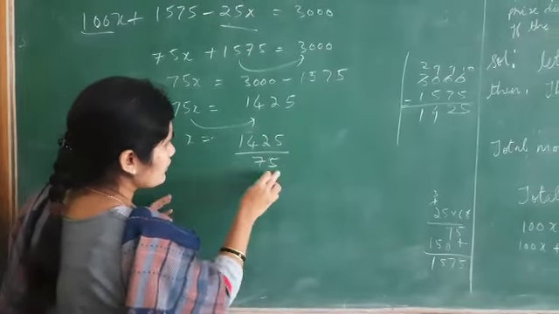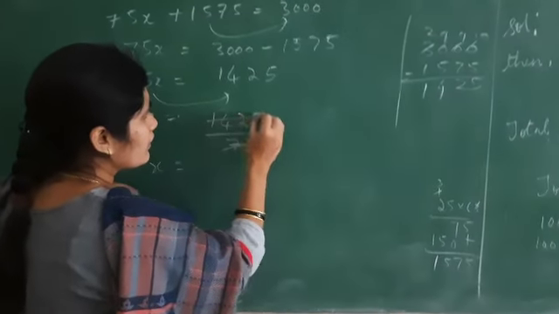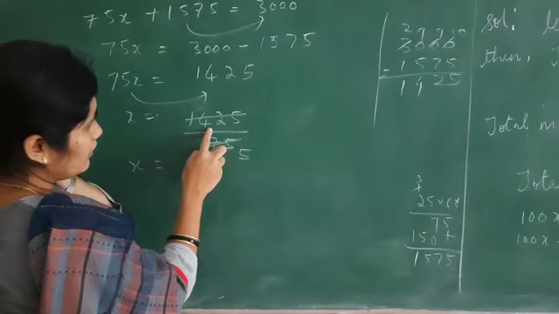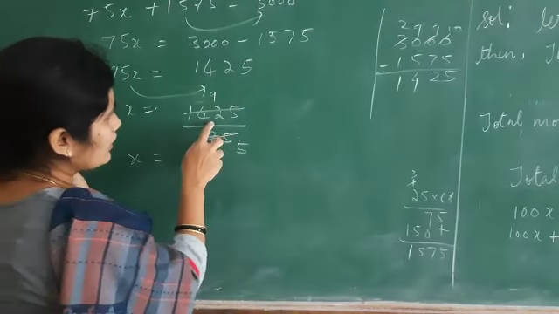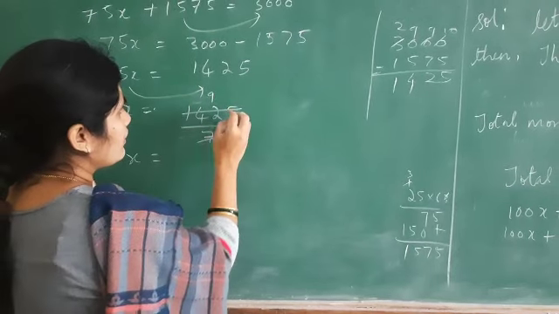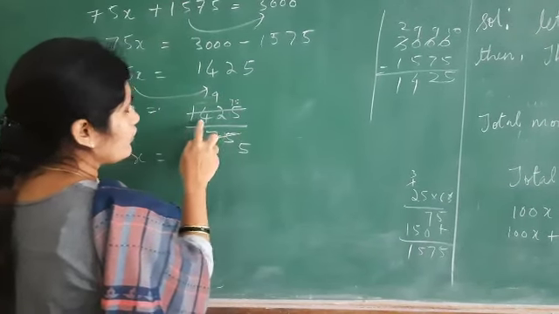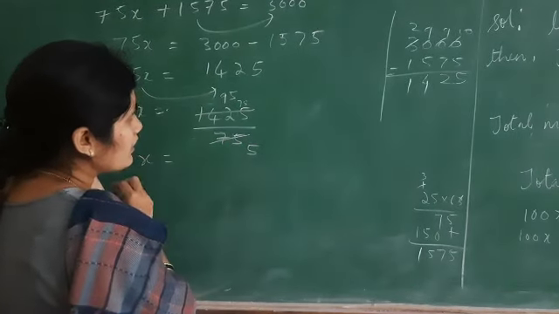So now you can take it out from the 15 table. 15 5s are 75. Here 15 9s are 135. 142 minus 135 is 7. Bring down the 5, 75. Again 15 5s are 75.